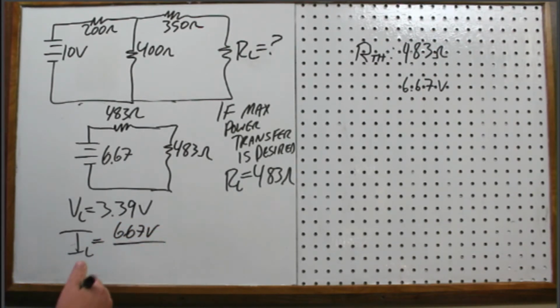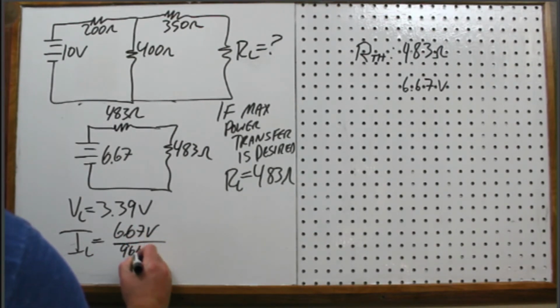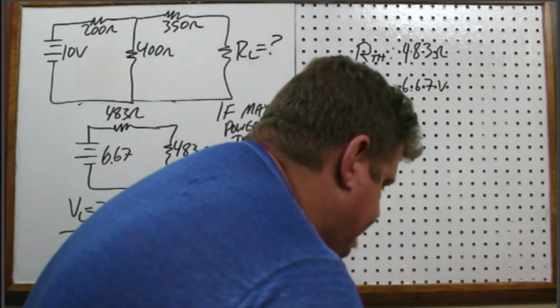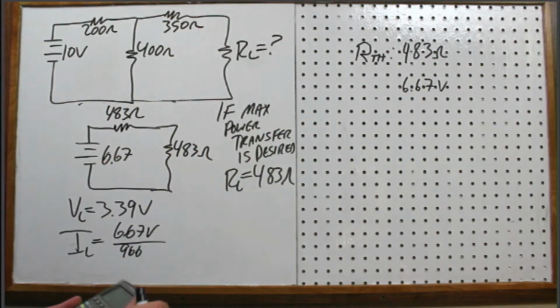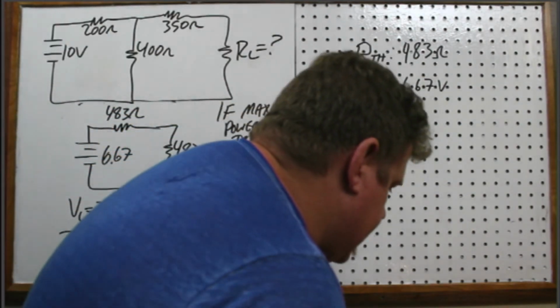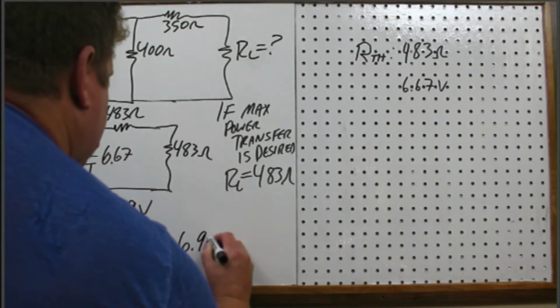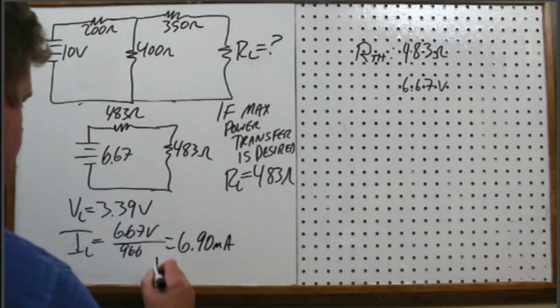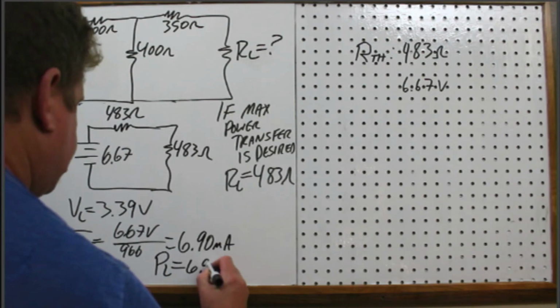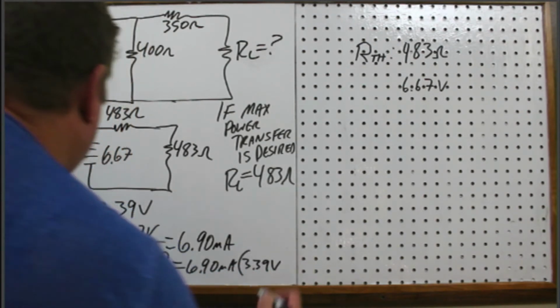We're working with rounded numbers, so it doesn't really matter. 6.67 divided by 966. And I get 6.90 milliamps. That gives me a power of 6.90 milliamps times 3.39 volts.